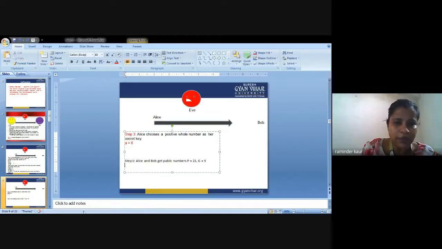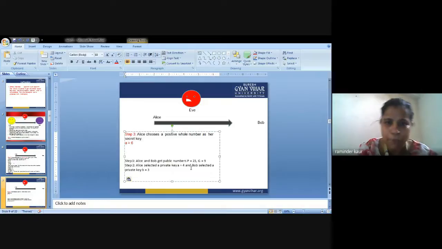Now I am proceeding with the next step, because these are mathematical calculations that you have to perform parallelly with me in order to understand them. Next, Alice selected a private key A is equal to 4 and Bob selected a private key B is equal to 3. So till step 2, I think points are clear to you.